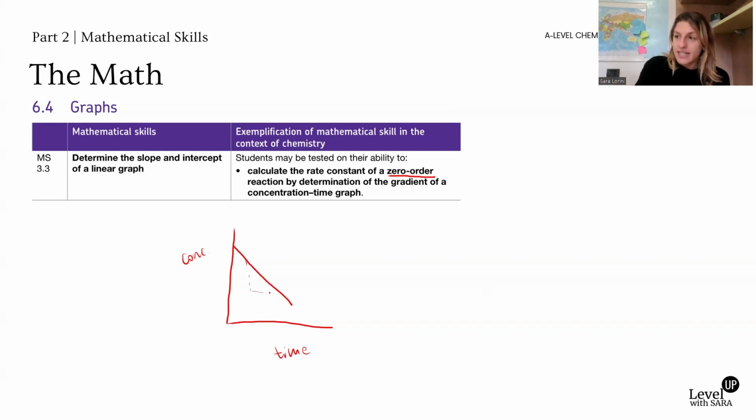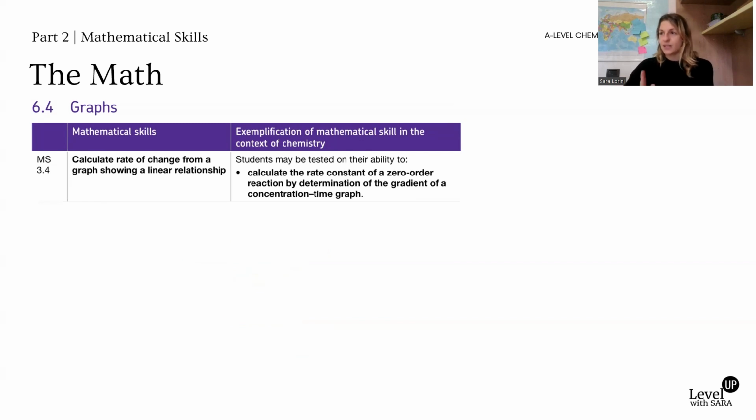And because the rate doesn't change as the reaction occurs, as we know, it's zero order. Okay. And of course, to find the rate, it would simply be the slope of the straight line. So this is what you could be asked to do. Okay.